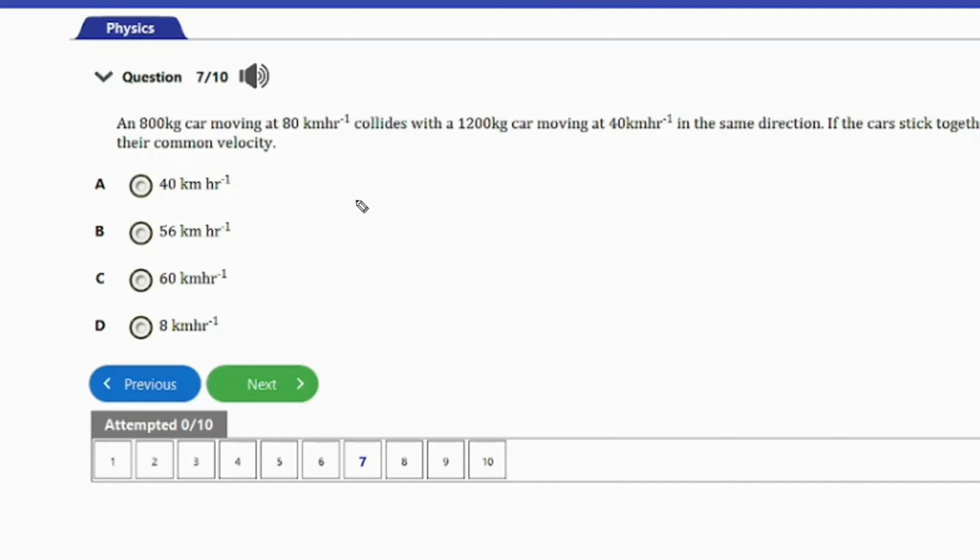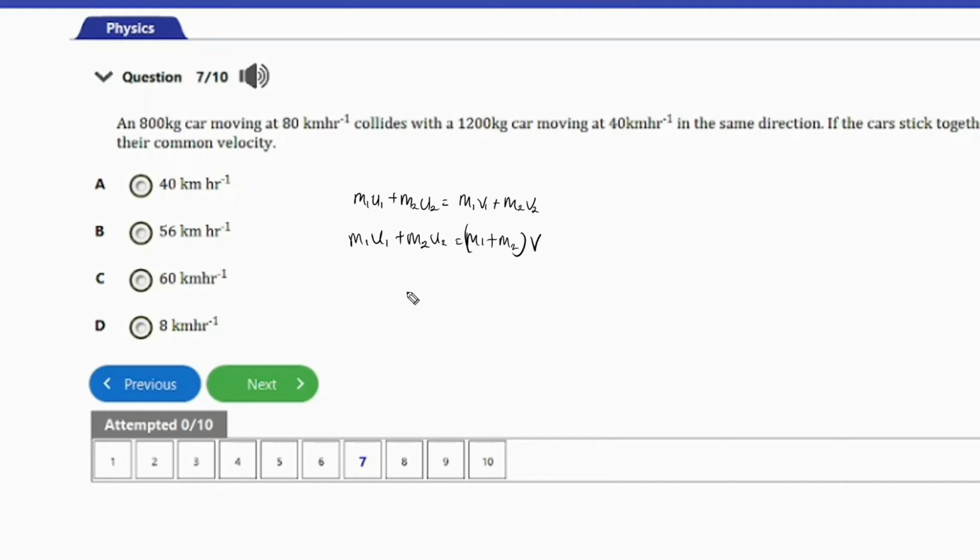So guys, if we use m1u1 plus m2u2 is equal to m1v1 plus m2v2, since we are calculating for their common velocity, we are going to express this equation as m1u1 plus m2u2 is equal to (m1 plus m2) all multiplied by v.